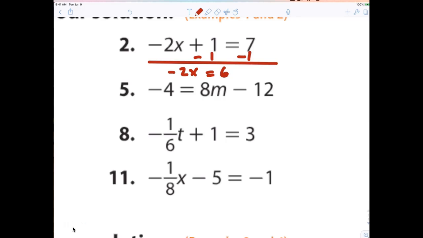Divide by negative 2. And so x is equal to what? Negative 3. X is equal to negative 3. Good? Boys in the back, any questions? Everybody's 100% on that, right? All right, let's see how you did on number 4.